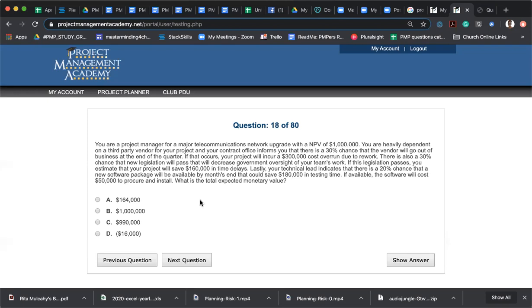Last thing, you're technically leading that there's a 20% chance of new software. So it's 48,000 and 90,000 for the first one. So it's $1 million minus 90 plus 48, and then 36 plus 36. 0.2 of 180.